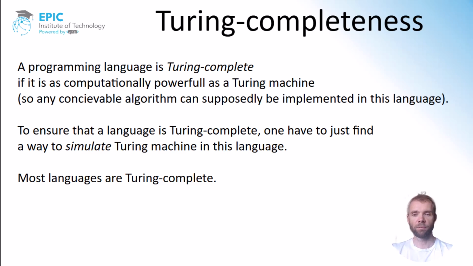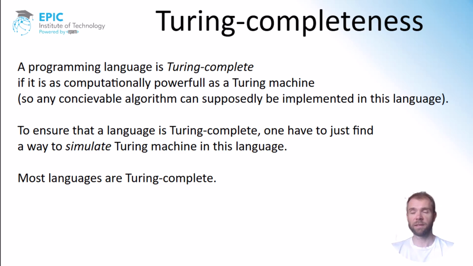So as you encounter this terminology of Turing completeness of a programming language, just make sure that this is basically a synonym for the statement that any algorithmically solvable problem can be solved in principle using that language.